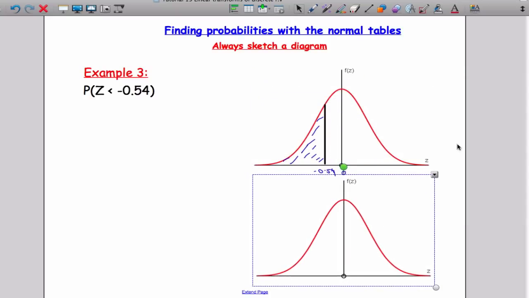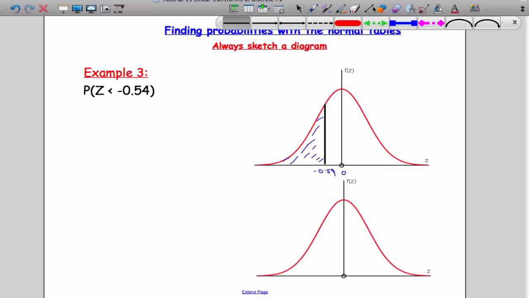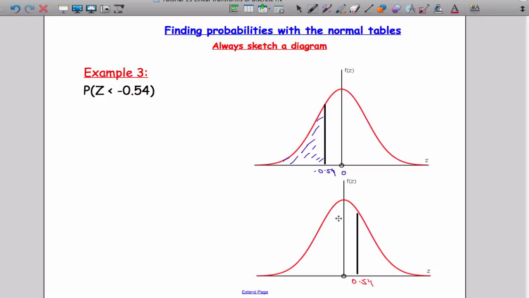If I have a look at the probability of Z being less than 0.54, not minus 0.54, I can get the probability that it's less than 0.54 quite easily from the table.